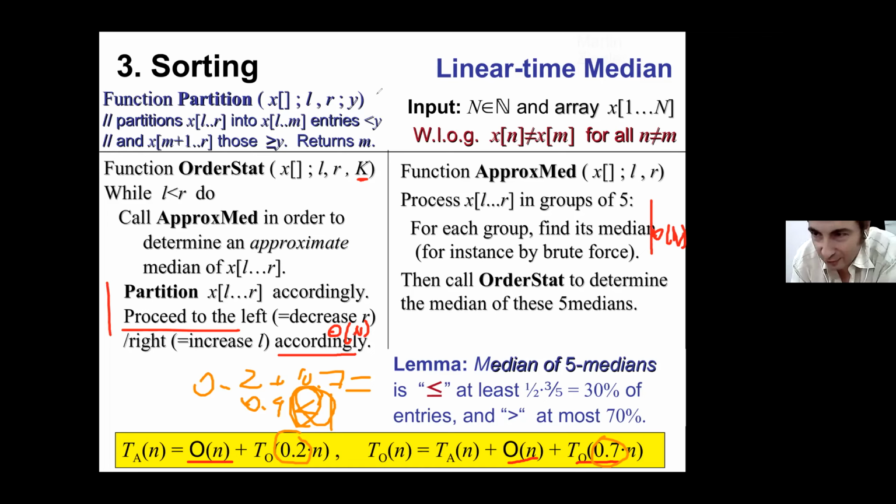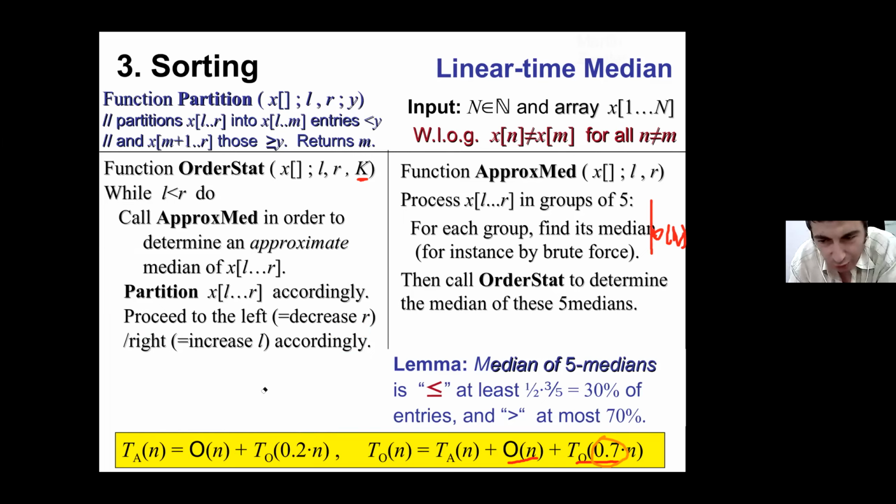So now you do not see this properly very well, but I prepared my own material, which also goes back to this question: why should we take groups of 5? So why the median of 5 medians and not of 6 medians or whatever? So now let me go to my other material.